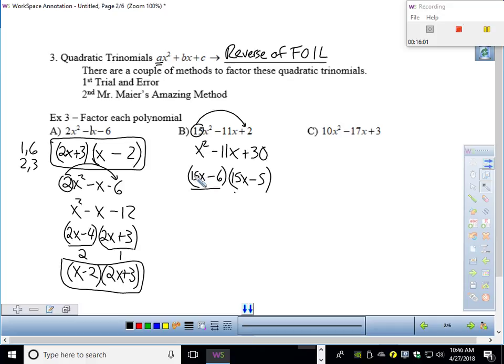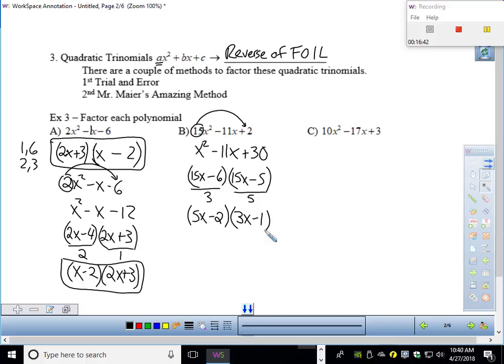Well, 3 divides evenly into 15 and 6. So if I divide both of those by 3, 15 divided by 3 is 5, so that's 5x. 6 divided by 3 is 2, so 5x minus 2. And then I look over here, and I ask myself, well, what can be divided into 15 and 5? And I hope you'd agree, 5. And so same idea, 15 divided by 5 is 3, so that's a 3x, and then minus 1.